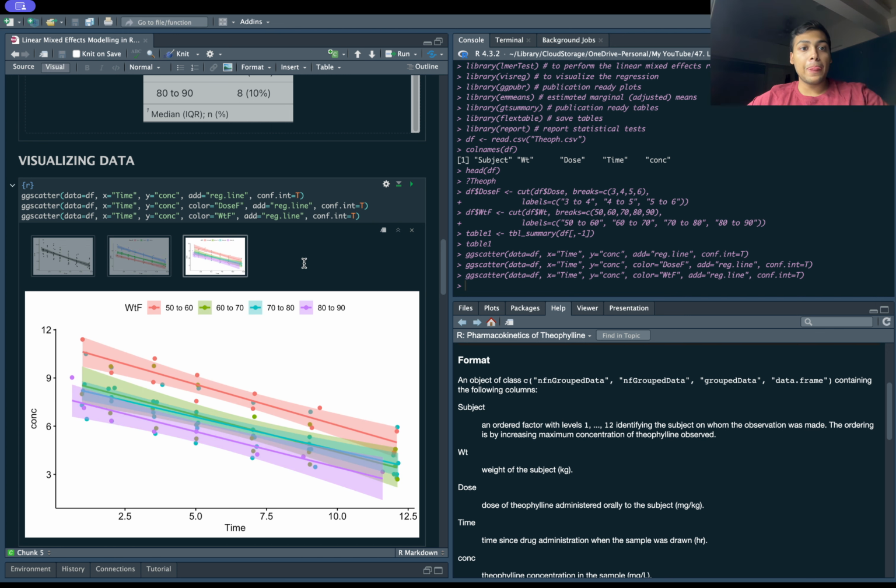And the last graph is grouped over patient body weight. So this is also fairly intuitive. Patients with higher body weights had lower concentrations, and patients with lower body weight had higher concentrations of theophylline in their blood.